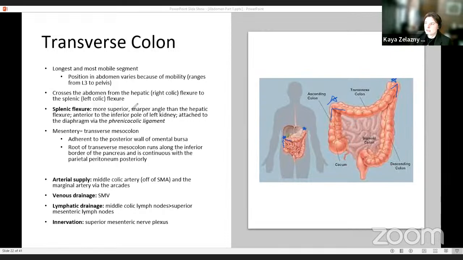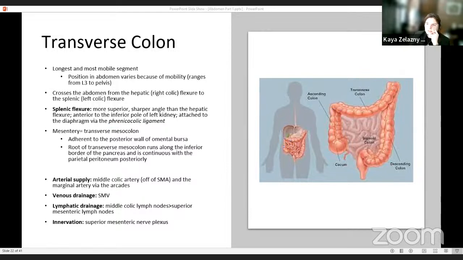It's also going to be attached to the diaphragm. So we have a phrenicocolic ligament attaching the diaphragm to our colon. Okay, so the phrenicocolic ligament is partially creating that splenic flexure.